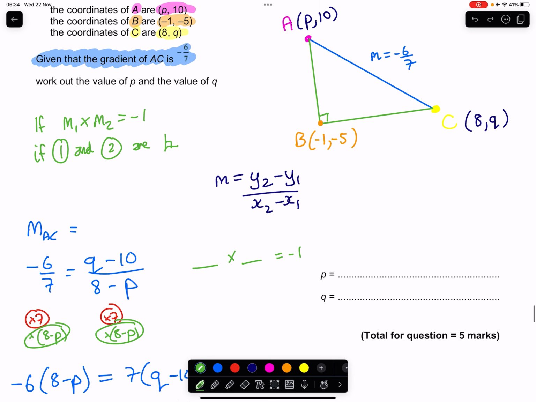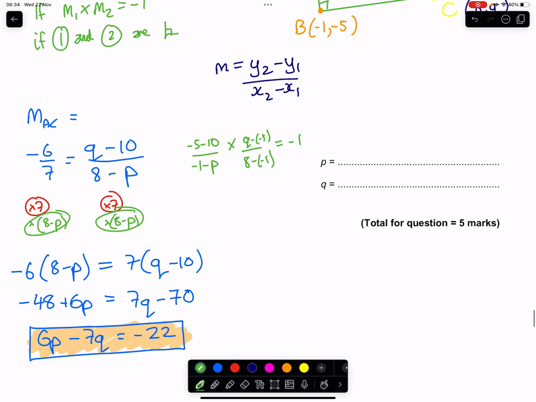So for the first line, this one here, I'm going to do minus 5 take away 10 on the top. So minus 5 take away 10 for the y's, and then a minus 1 minus P for the x's is the gradient of AB. The gradient of AC here, I'm going to have a Q minus minus 5, and I'm going to have an 8 minus minus 1.